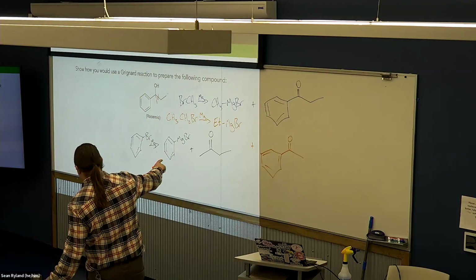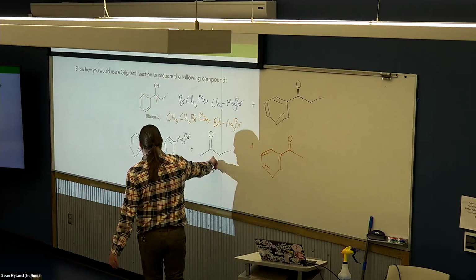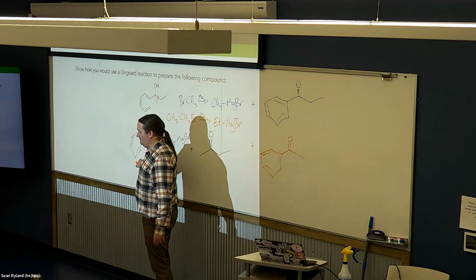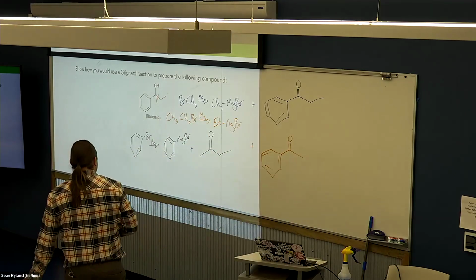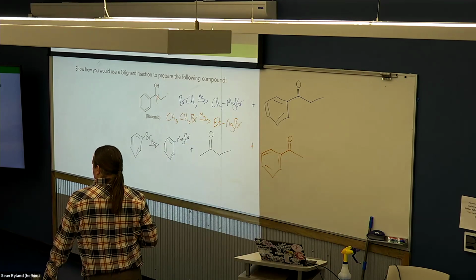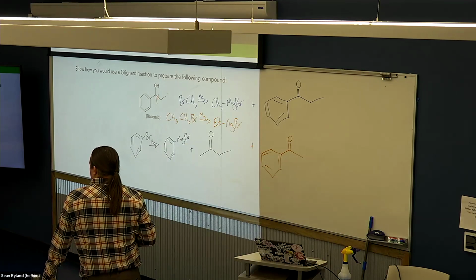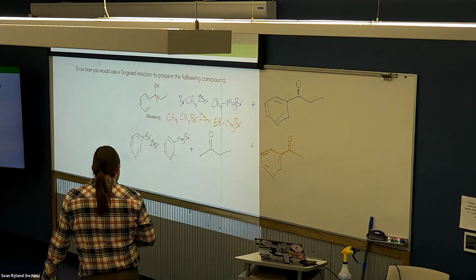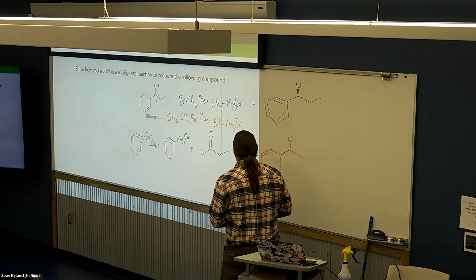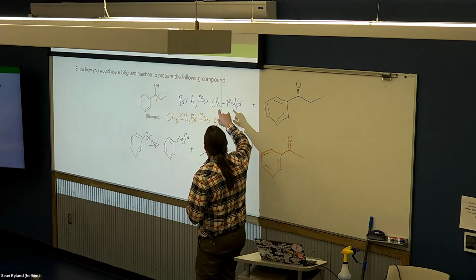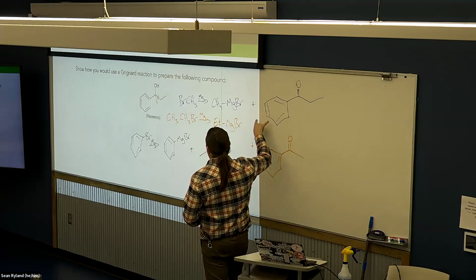So I know that we have this reactant, and I know we have bromobenzene. We get it here and we add them together. Would you put water in there to get your OH instead of your O? You would add the water after this step.